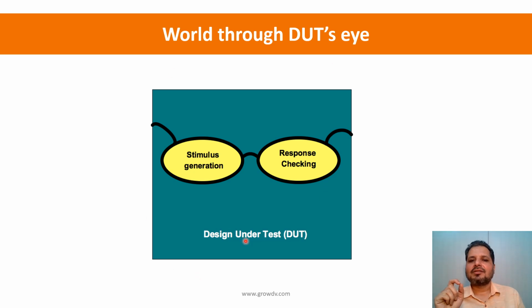If something is not visible to the design, and it is only something that transparently happens to the design, then we don't need to model that part of the application view. Only the view that really matters to the design is what we need to model in the test bench, and we need to keep that in mind while we build the test bench architecture.